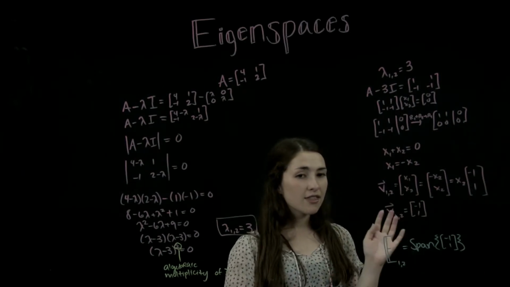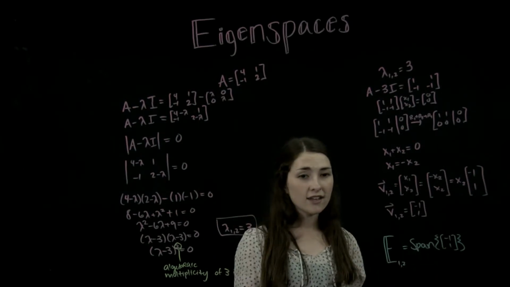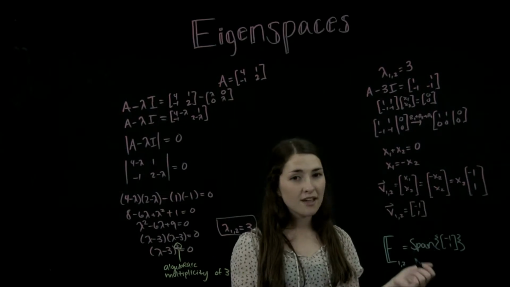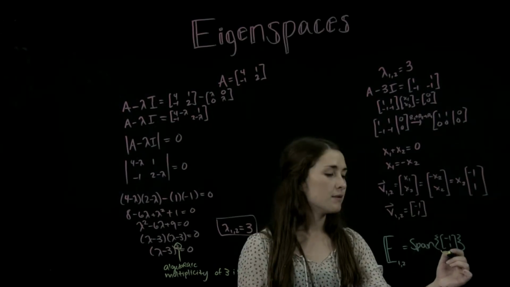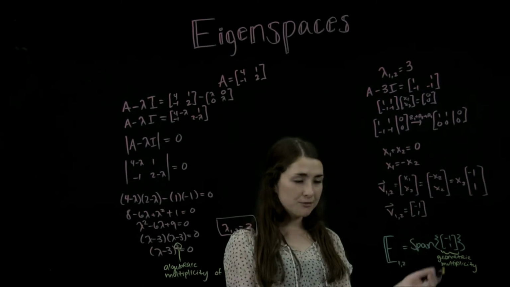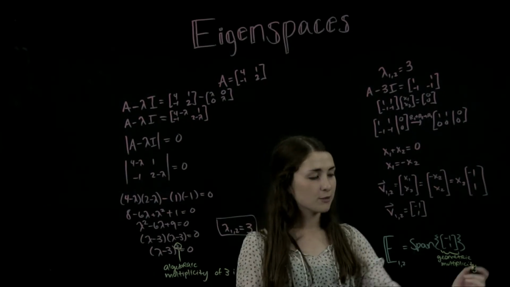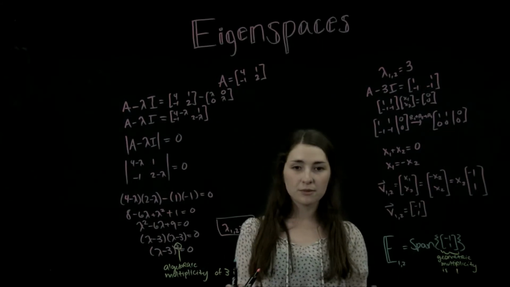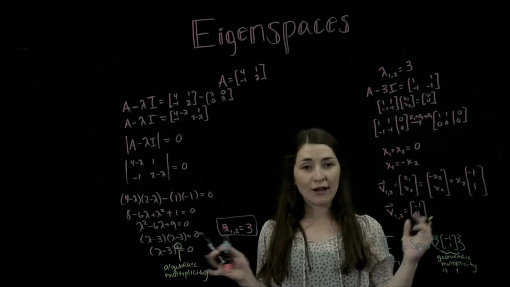So this means that if we consider this on a line, all vectors on this line that negative 1, 1 lies on is going to be an eigenvector for this system of A. So this is going to be our geometric multiplicity. So if we think about it geometrically, it's one-dimensional, it's a line where all of our solutions are on, so our geometric multiplicity is 1. So we have an algebraic multiplicity of 2, and we have a geometric multiplicity of 1 for this eigenvalue of 3.